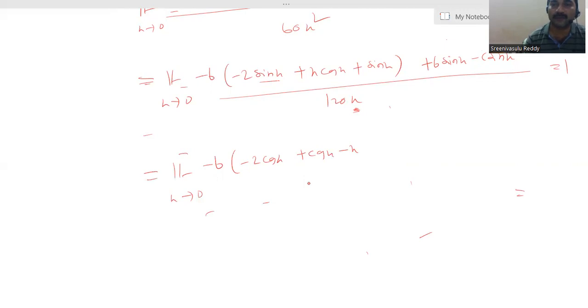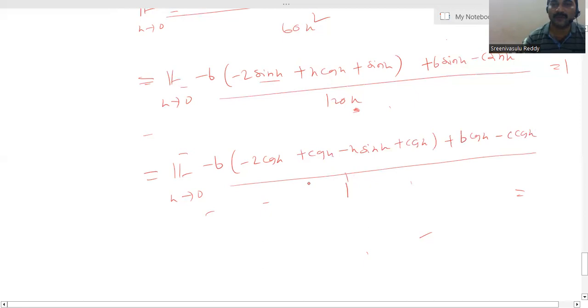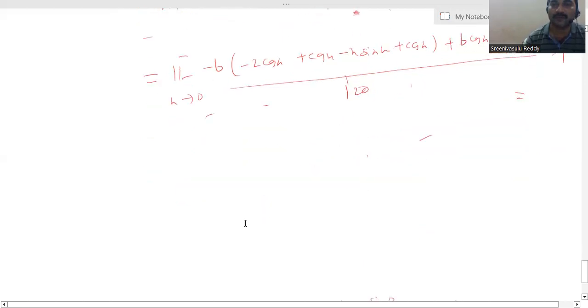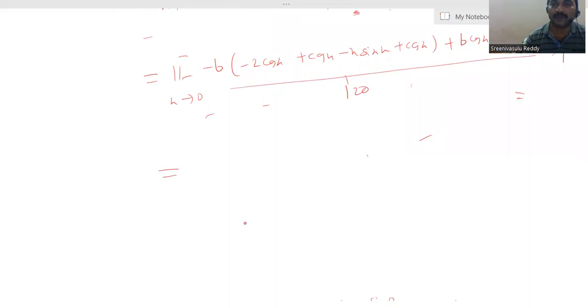Derivative of second function is minus sin x. So plus into minus, minus cos x. Here we have b into cos x minus c into cos x by 120. Not 1200, 120 only. X derivative is 1. We are happy.